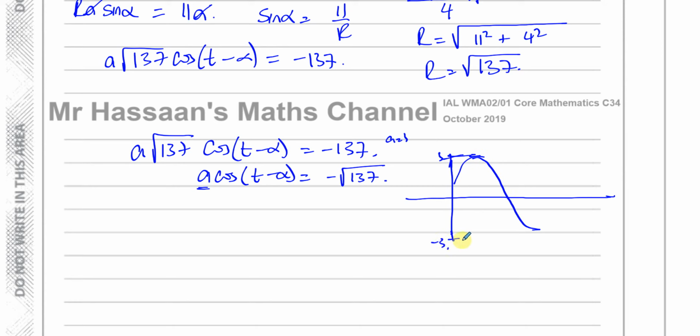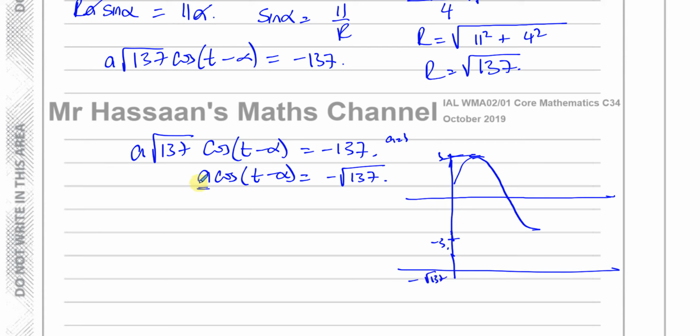Okay, so we want to find the value or values of a such that this curve will not ever get as low as minus root 137. So it can't reach minus root of 137.